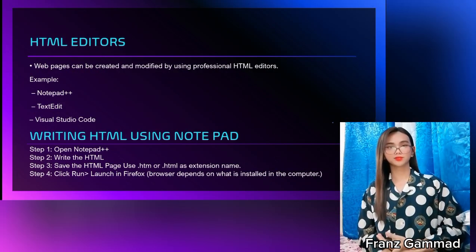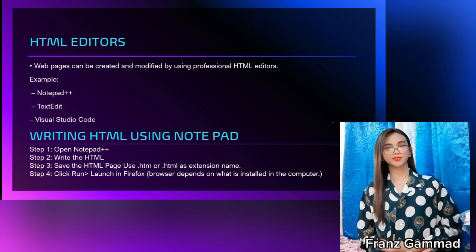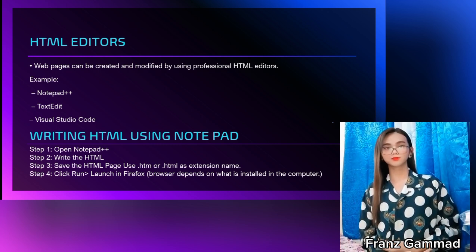HTML editors. Web pages can be created and modified by using professional HTML editors. Examples: Notepad. With Notepad, make sure to select all files as the file type and choose a location on your computer to save the file.